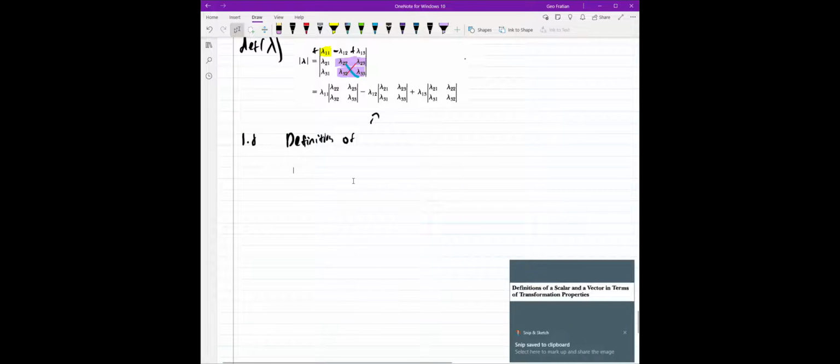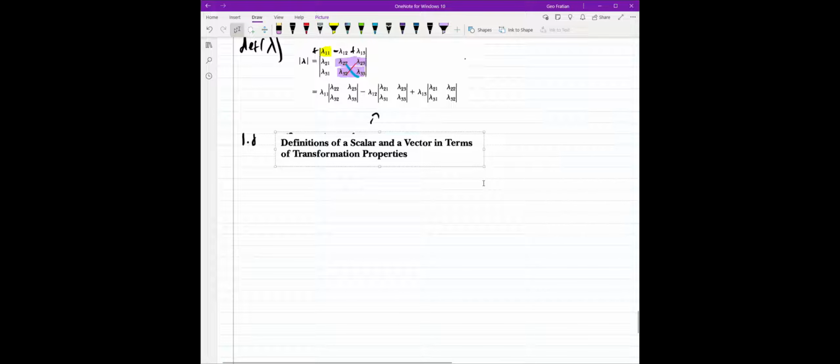And now let's go into 1.8, which is definitions of, I'm getting lazy, so I'm just going to screenshot it because it's a very long title. Definitions of a scalar and a vector in terms of transformation properties. So let's consider a coordinate transformation of the type xi prime is equal to the sum over j of lambda ij xj. Okay, so that's just our normal transformation.